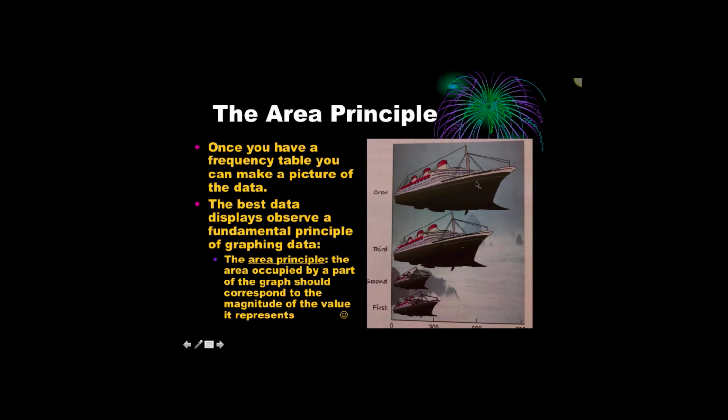So the crew boat should be approximately 3 times as big as the second-class boat. However, it's not quite that. The crew boat appears to be much more than 3 times as big as the second-class boat. And our eye tends to see the area over the length or the height, so you have to make sure the area corresponds.